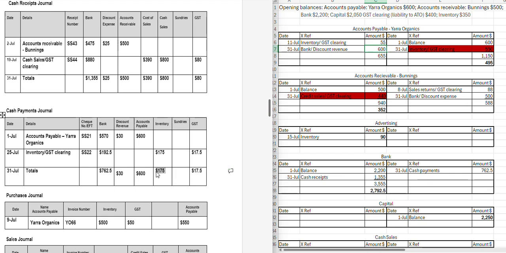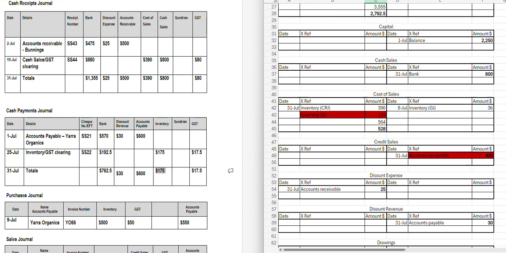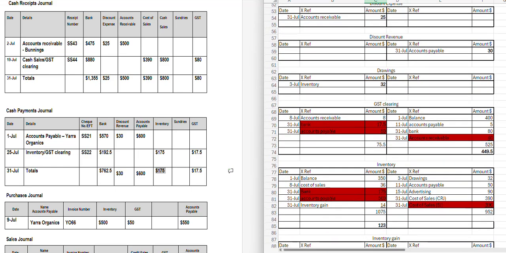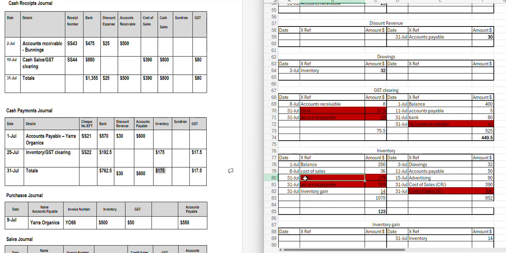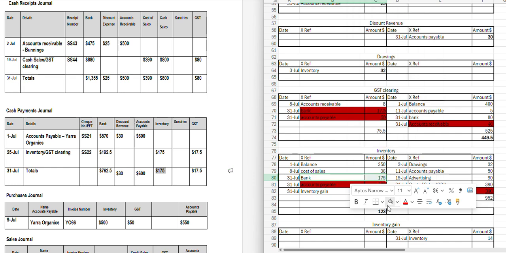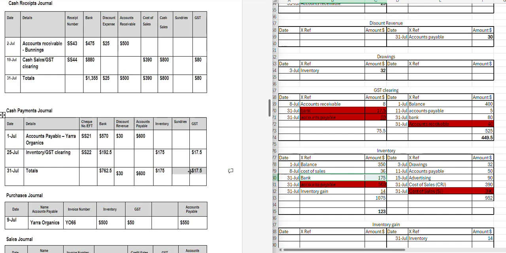Now we bought some inventory for cash for $175, so the inventory has increased. More inventory bought for cash, and so that will need to go on the debit side of the ledger, because when an asset increases, it's a debit entry. We cross-reference with bank because that's how we funded the inventory. We had some GST attached to that.